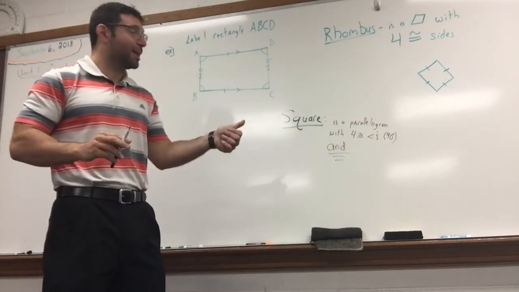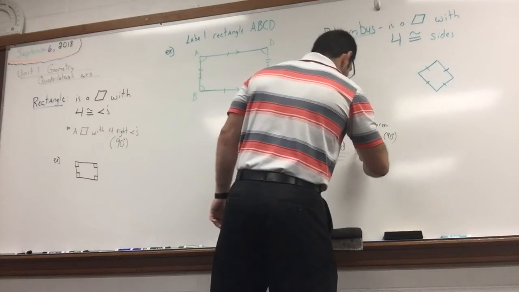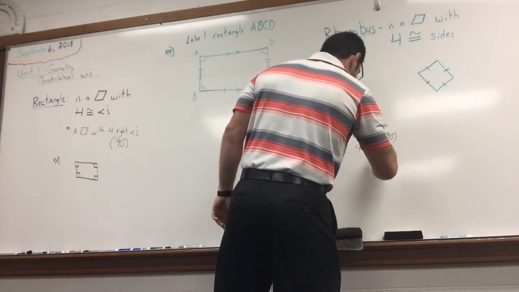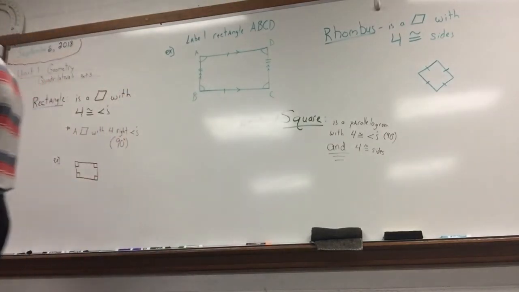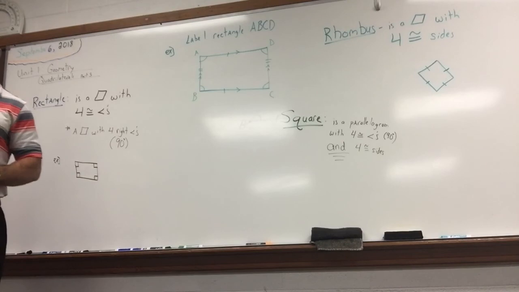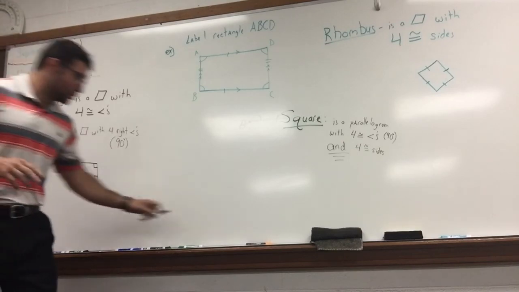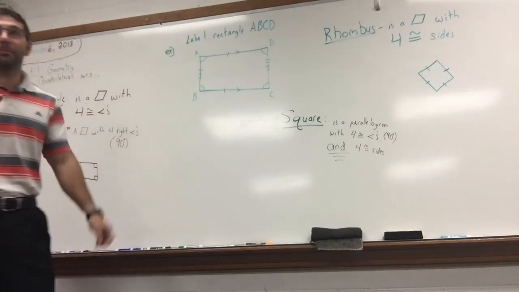Has to have 4 congruent angles and 4 congruent sides. Not just one, not just the other. It must have both. Questions? So, go back once you copy this down.